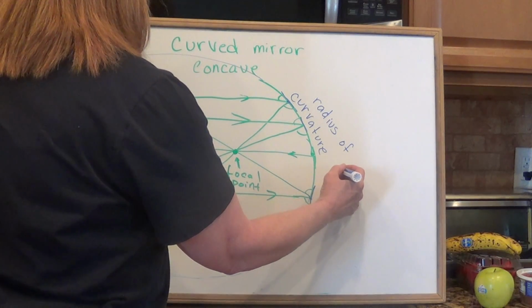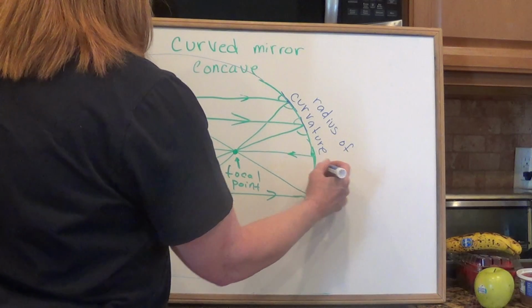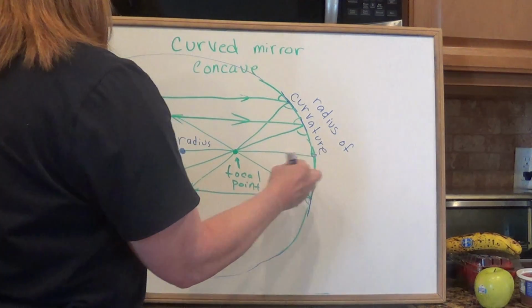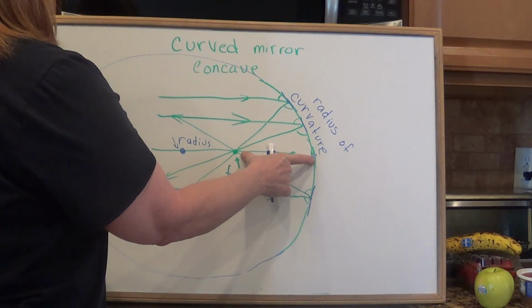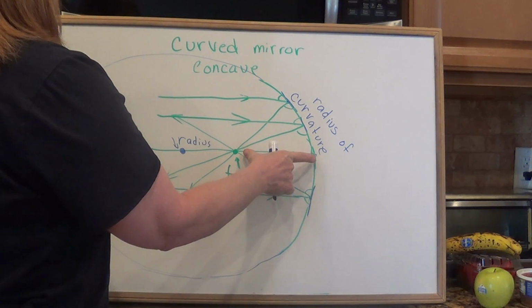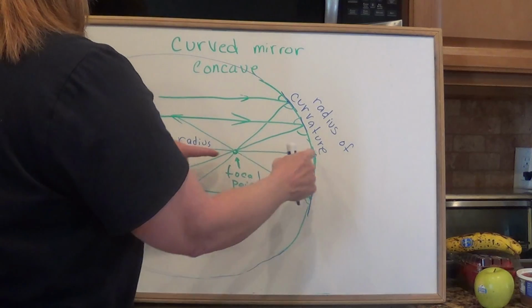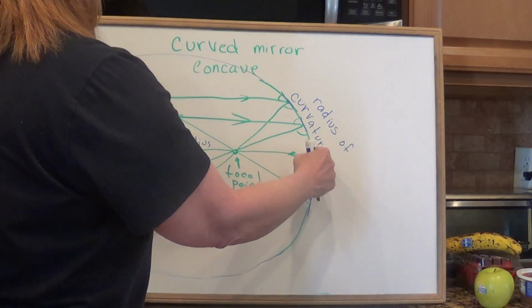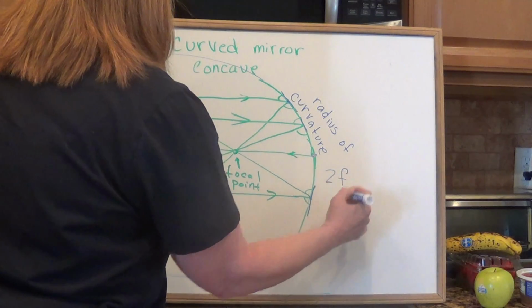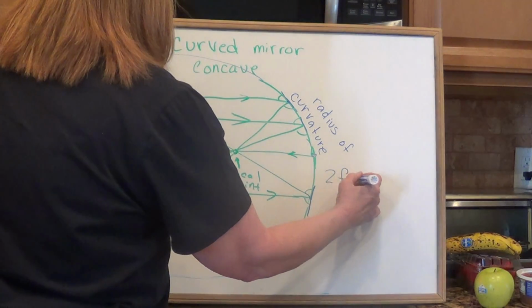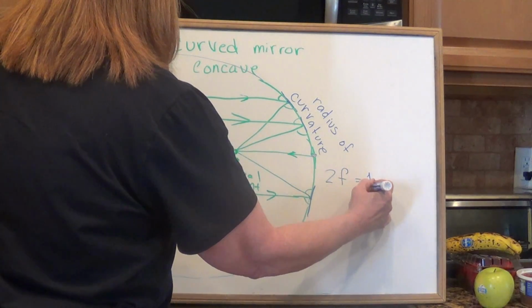It's pretty close. It turns out that the distance from the center of the mirror to the focal point is the same as this. So 2 focal lengths equal 1 radius.